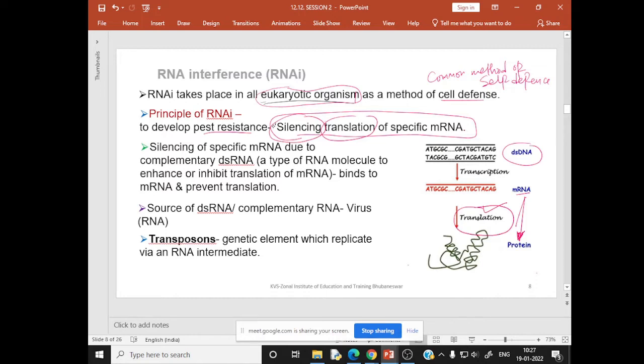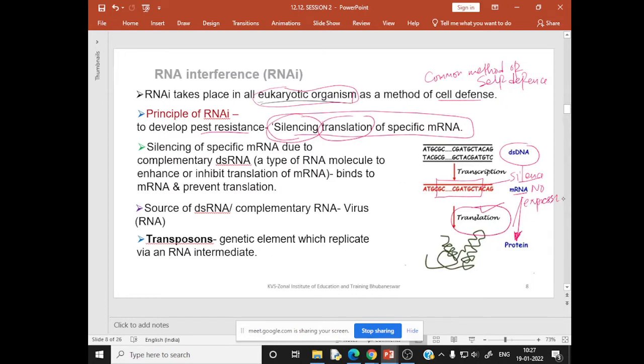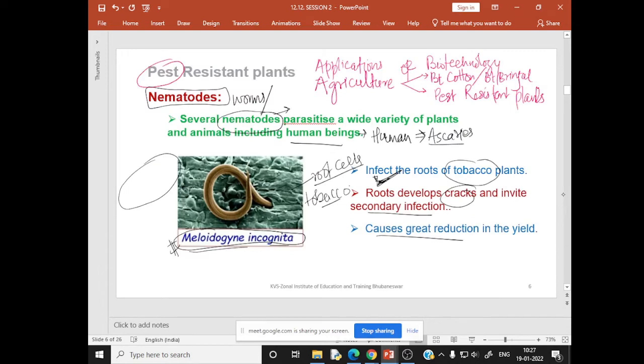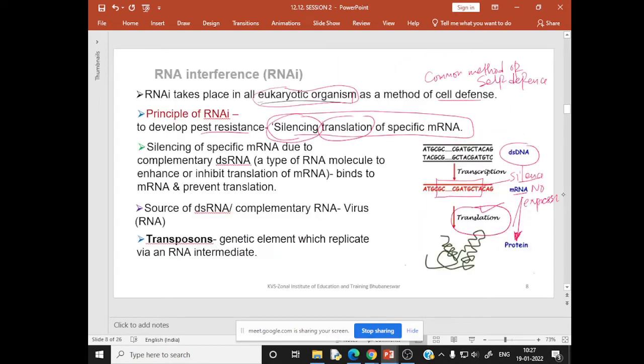So what do we have to do to a specific mRNA? We have to silence it. Silence means it is not going to express, no expression will be there, and because there is no expression, the nematode will not be able to live.